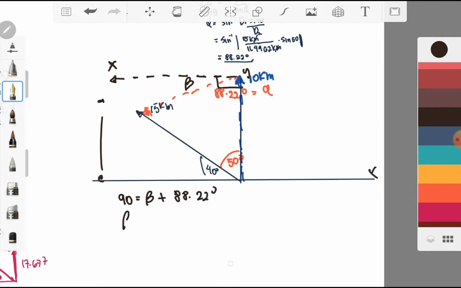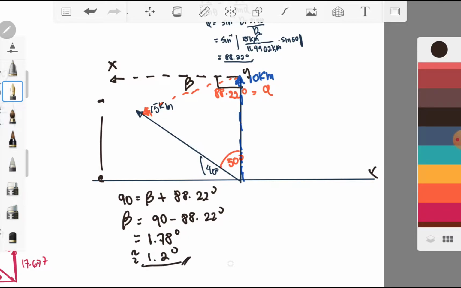Therefore, my beta is equal to 90 less 88.22 degrees, which is equal to 1.78 degrees, approximately equal to 1.8 degrees.